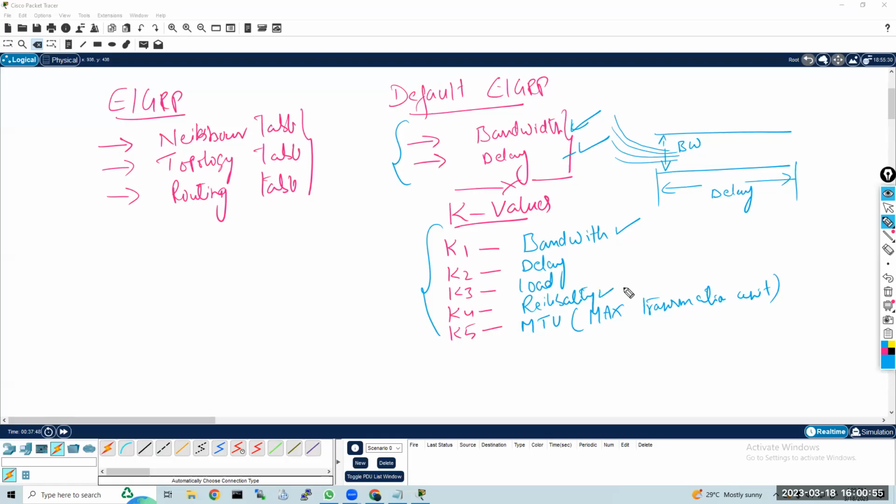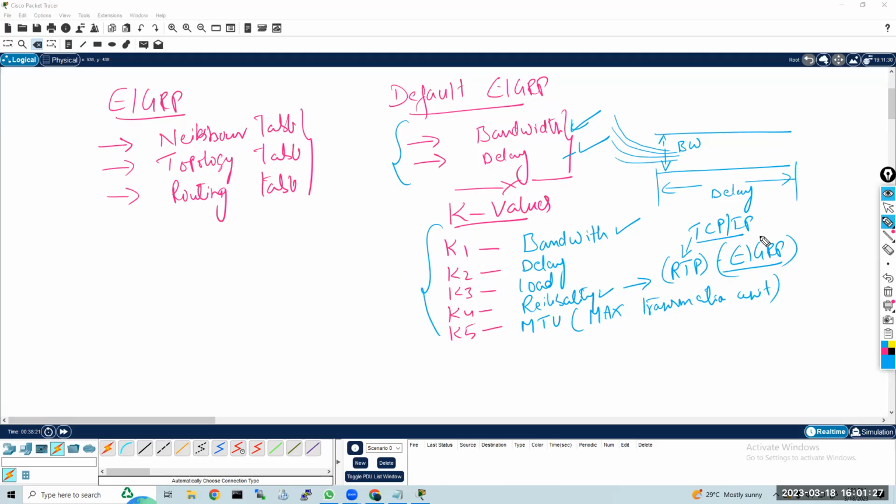Reliability. Remember, guys, EIGRP is a very fast routing protocol compared to OSPF and RIP also. For reliability, EIGRP uses RTP, the Reliable Transport Protocol. RTP has been derived from TCP/IP.